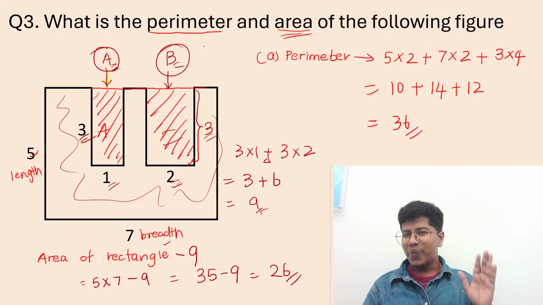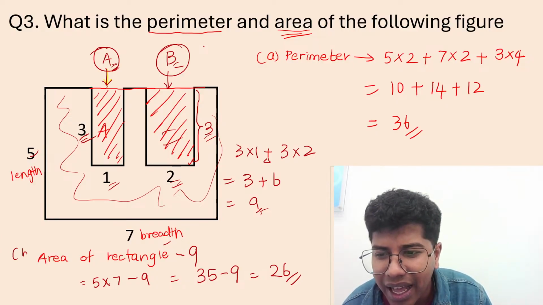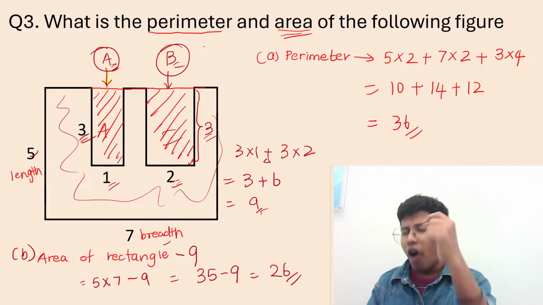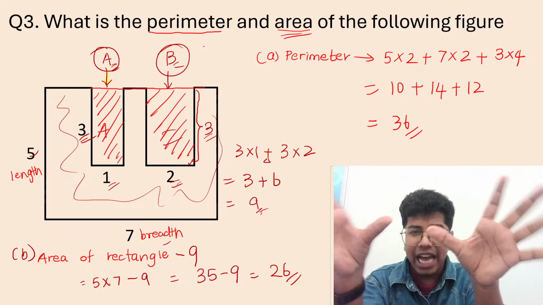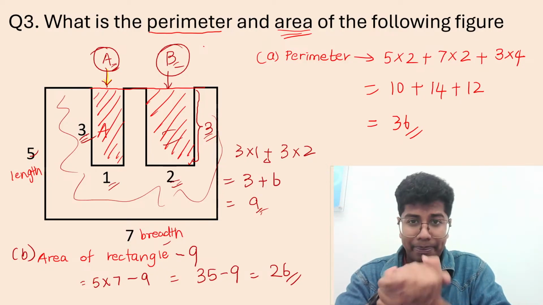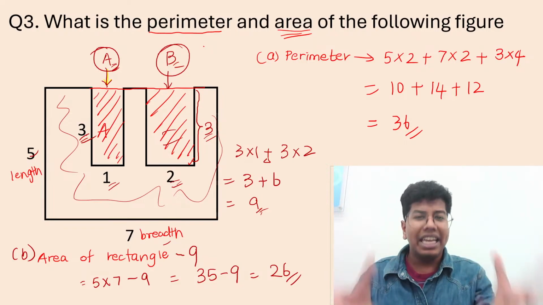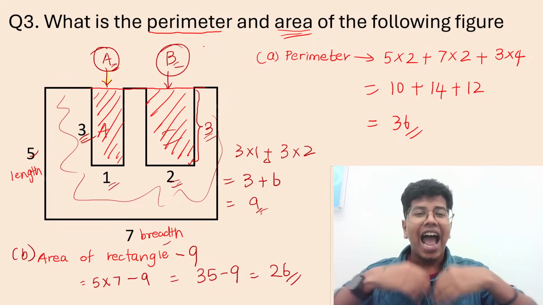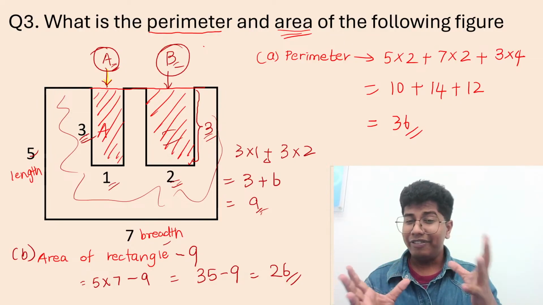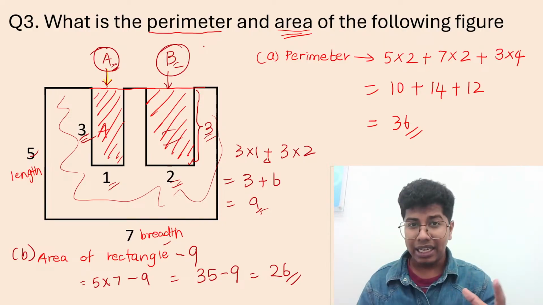So what we can observe from this part B, that is about area. The thought process remains the same for perimeter and for area. You just think of it as a complete shape. Try to include it in any regular shape and then think you are taking a bite. After you take the bite, you think, if the bite was not taken, what regular shape it would have been.